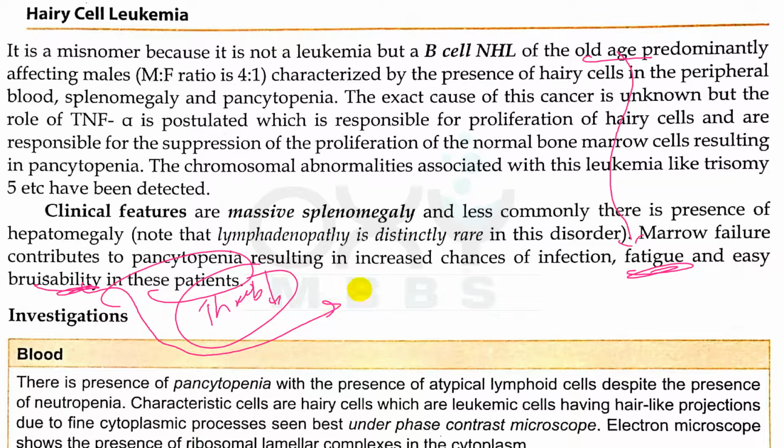Bruisability means, suppose this is the individual, and if there occurs either a blunt injury or any type of injury in the body, then it causes bleeding under the skin, and because of this bleeding some changes start to occur at the site of the trauma or blunt injury.